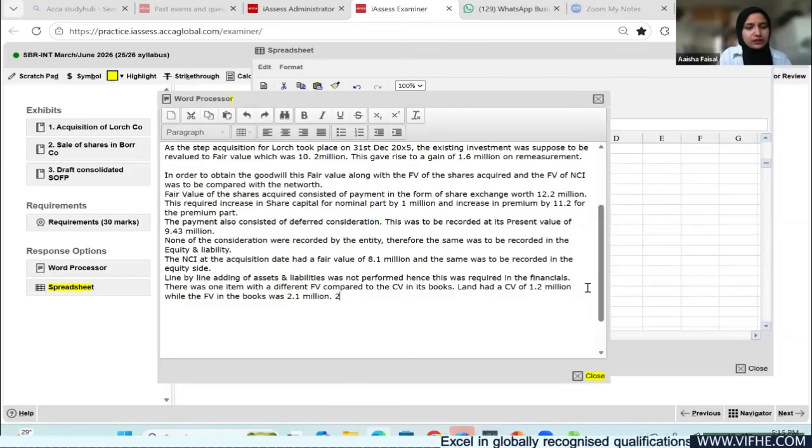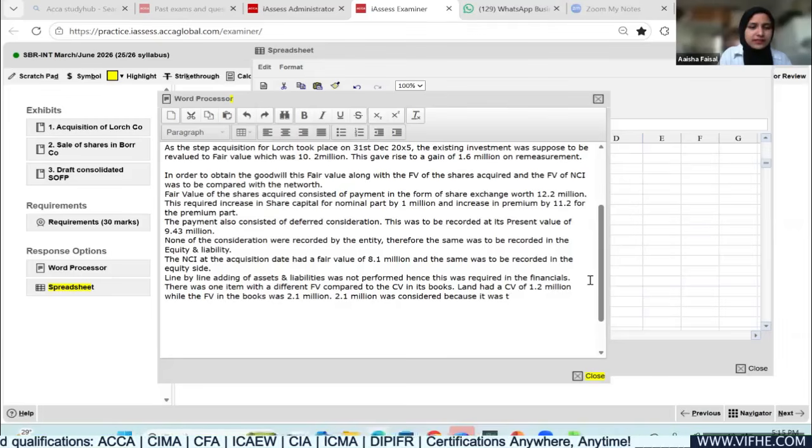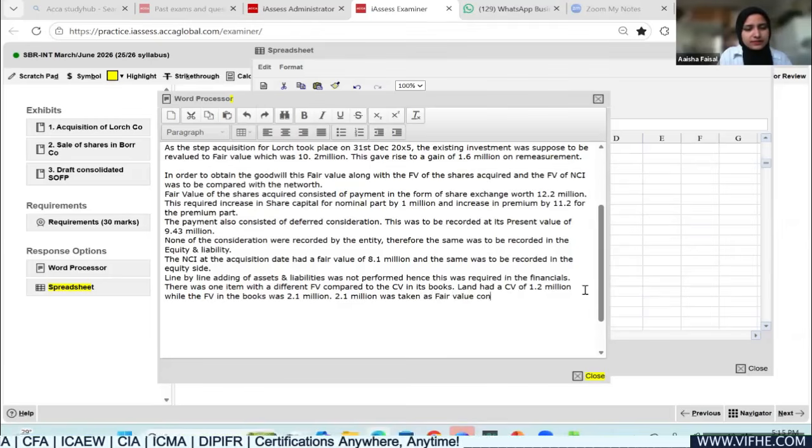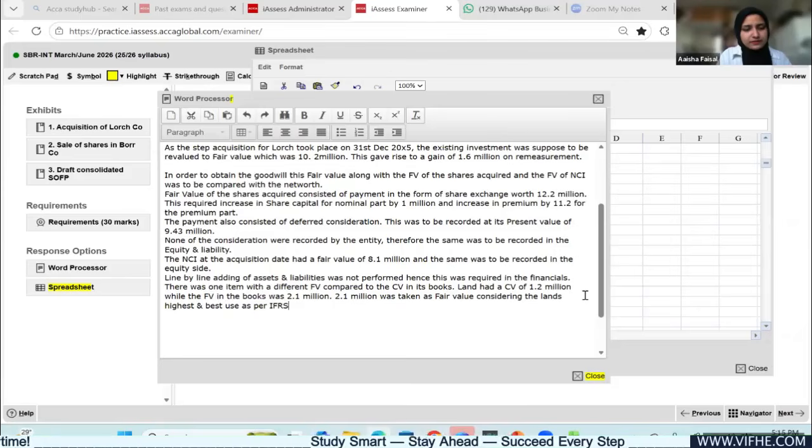2.1 million was taken as fair value considering the land's highest and best use as per IFRS 13 fair value.